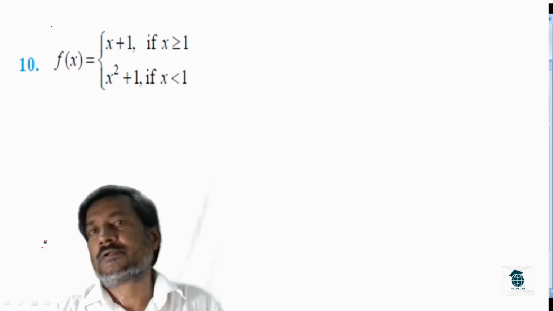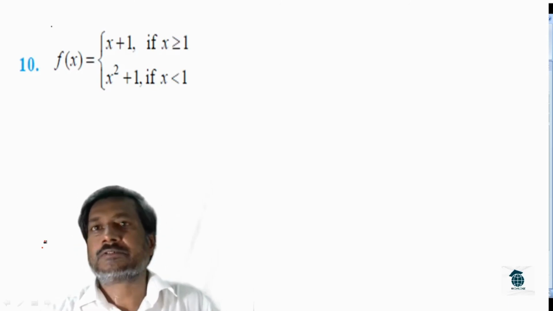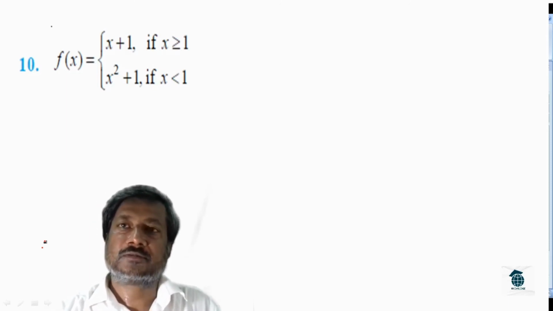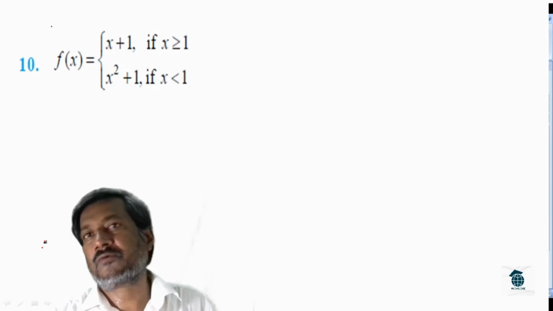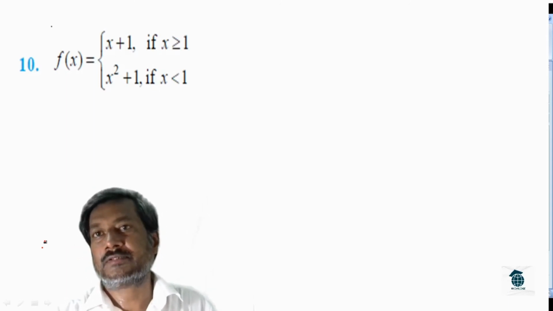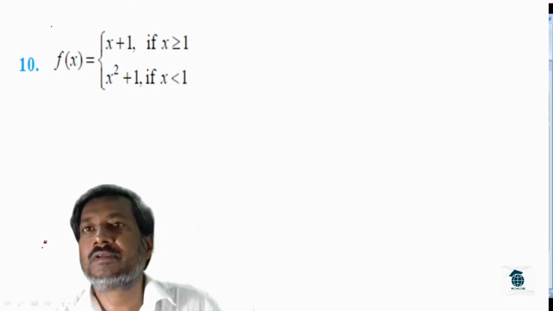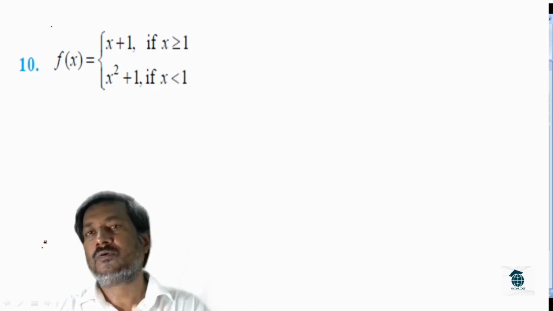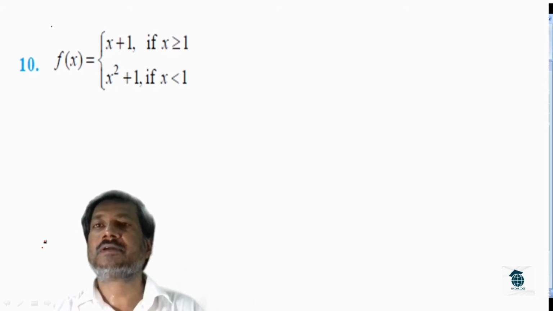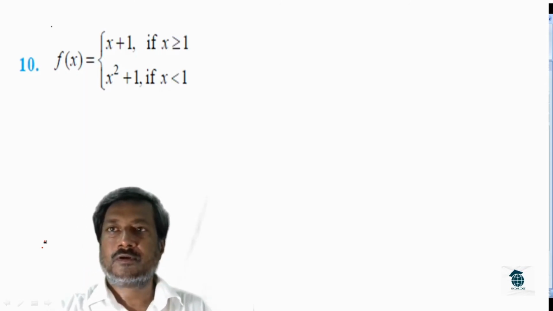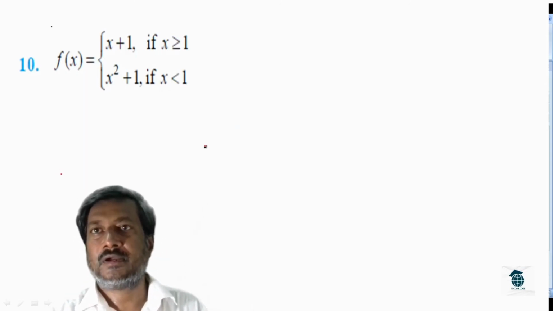So here the function is defined as f(x) equal to x plus 1 if x greater than or equal to 1, and f(x) equal to x square plus 1 if x less than 1. So we have to check the continuity of this function at x equal to 1, for 1 minus and 1 plus.